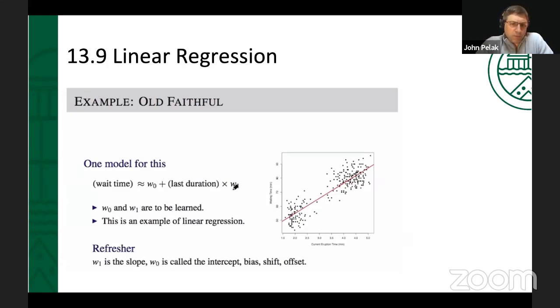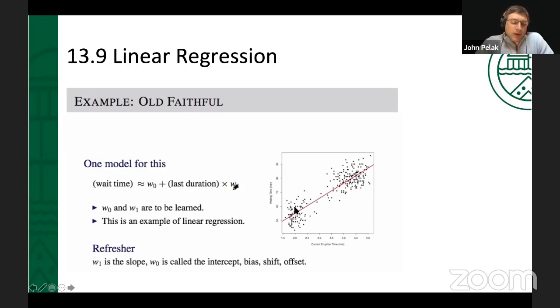And we want to do this given the duration of the last eruption from the geyser plus its W0, right? This W0 ends up corresponding to the offset or the intercept of this linear model across the y-axis. And that W1 parameter ends up corresponding to the slope of that line, right?